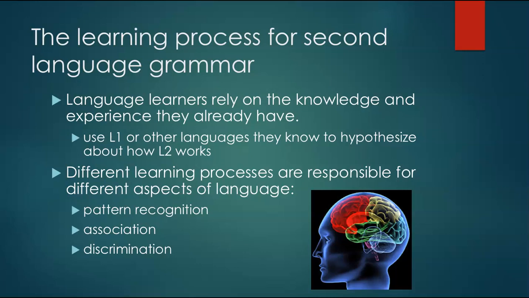They're making associations or connections between things that they're learning in language, and they're also discriminating. They're learning to tell the difference between things that are different than what they would have expected from their first language and their second language. So we have to really respect that these complicated things are happening in language learners' brains.